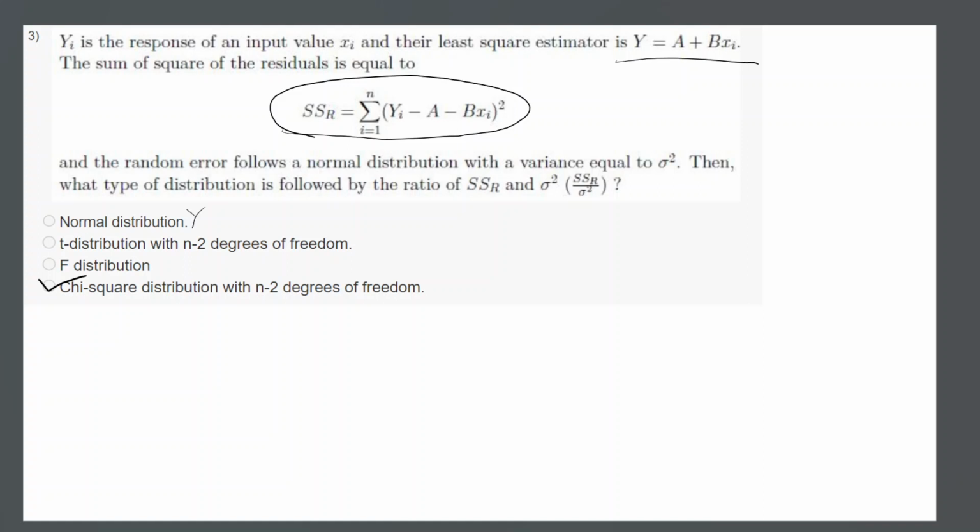Hence, they don't follow the normal distribution, and the same is applicable for the T distribution as well, because the T distribution is a subset of the normal distribution. And the F distribution is just an estimator of the fitness, how well the fit, like linear fit or whatever, how well it has.